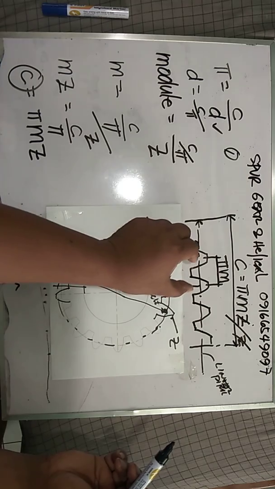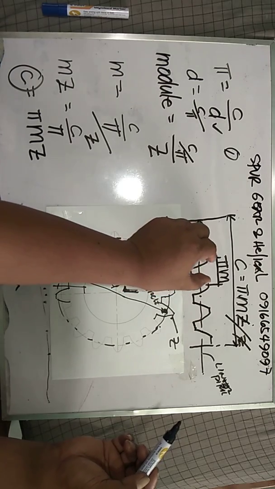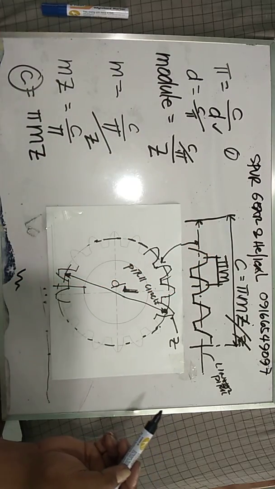So the distance between teeth is equal also to pi times module.